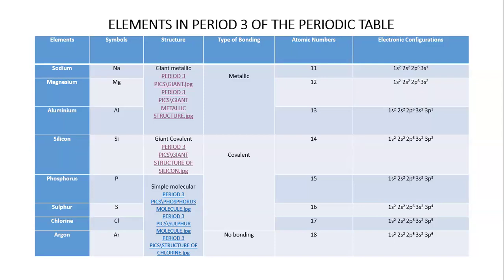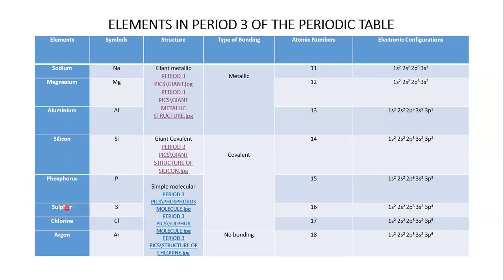Now, for phosphorus, one molecule is composed of 4 atoms. One molecule of sulfur is composed of 8 atoms, so we can call it octatomic.